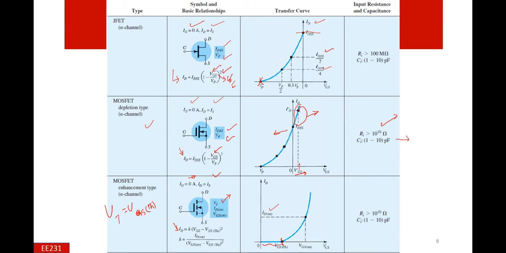And also in this case, the enhancement type n-channel MOSFET is operated with positive values of VGS. So this makes it more different and more prominent from the depletion type MOSFET, and it only works in enhancement, and this enhancement can be developed after we apply the voltage beyond the threshold voltage.